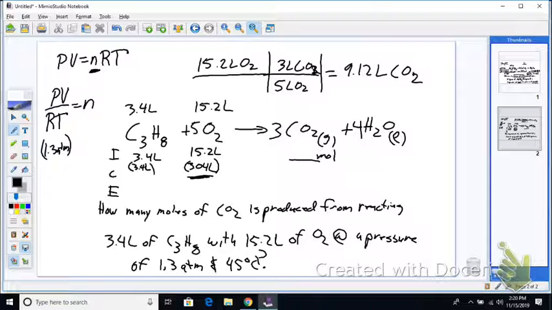Our volume is 9.12 liters of CO2. Our R is 0.0821 since it's atmospheres. And our temperature is 318 Kelvin.